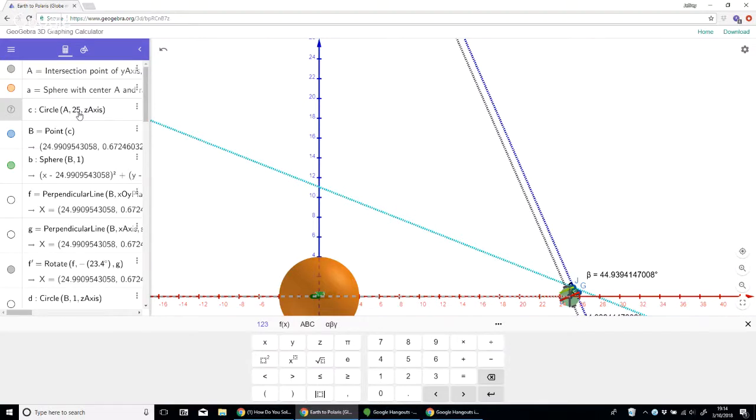So if the radius of the Earth is 1 unit, and 1 unit equals 3,959 miles, then I just need to divide everything by 3,959. So just give me a minute, okay?